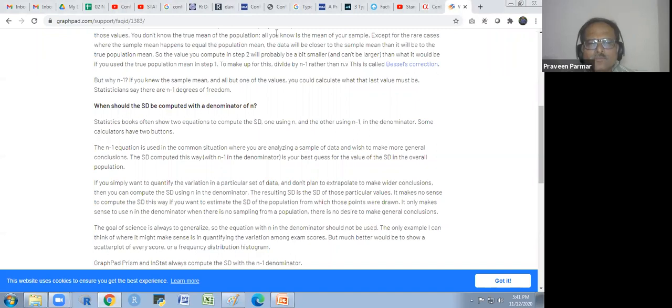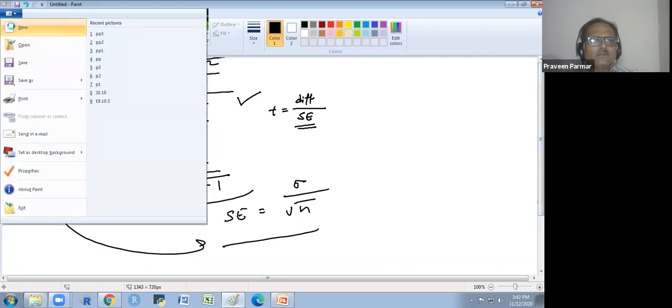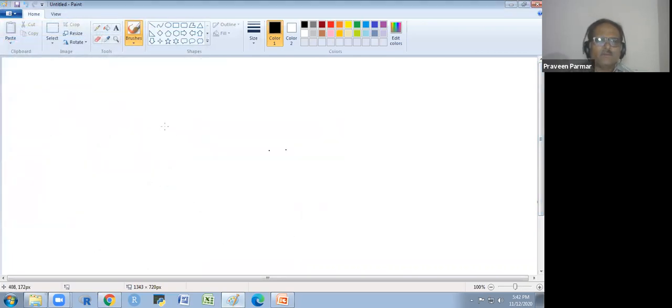So let's see the second thing I am going to tell you about. Let me explain what the standard error is. We consider the standard error to see how close our sample mean is to the true mean. True mean is the population mean. If your standard error is small, then your mean is very near to the true mean. Got it?